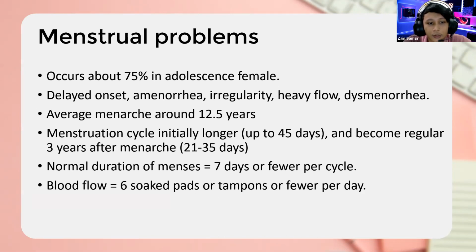The normal duration of menses, I mean the flow, is 7 days or fewer per cycle, and the normal blood flow is six soaked pads or tampons or fewer per day.